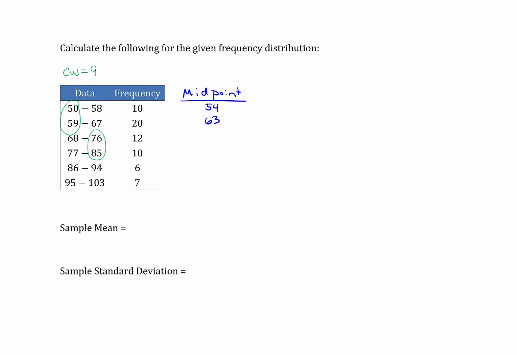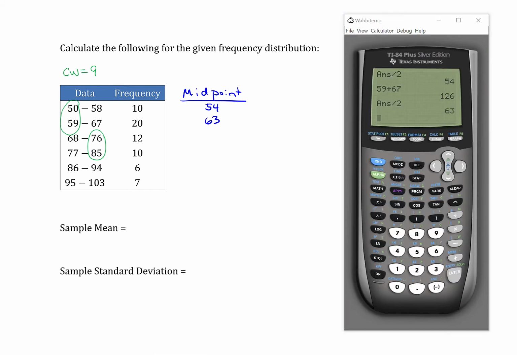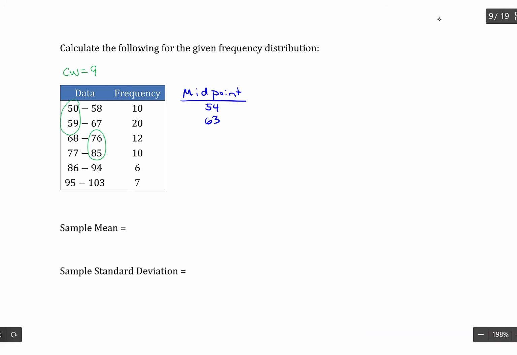So to speed things up, you can just find the first midpoint and then add the class width consecutively to get the rest. So the next one here would be 72, then 81, 90, and 99. So there are the midpoints.